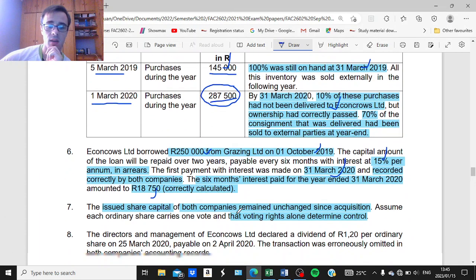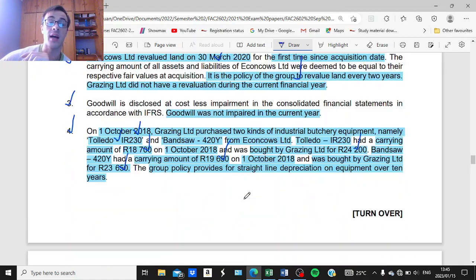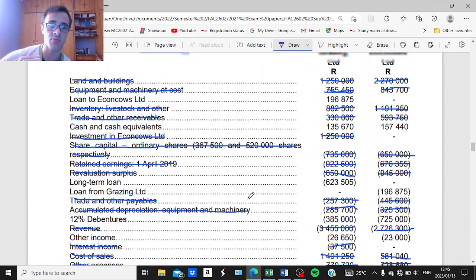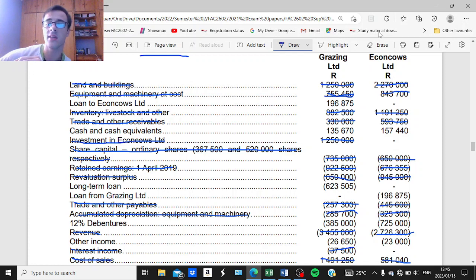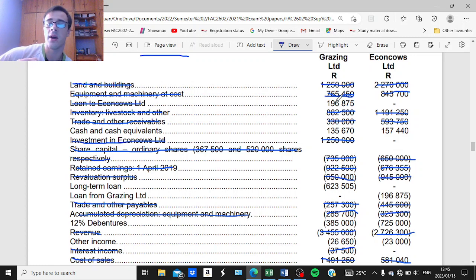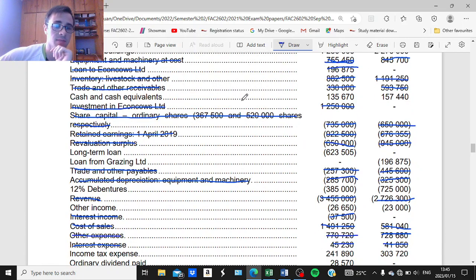Okay, and if we go to our trial balances, we will see that in Grazing Ltd's records, the loan was disclosed as a non-current asset that I've already explained, amounting to 196,875, because there was a capital repayment at year end. So that would not have affected the calculation of the interest.